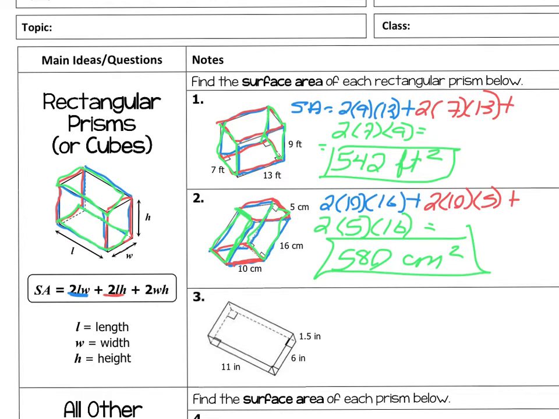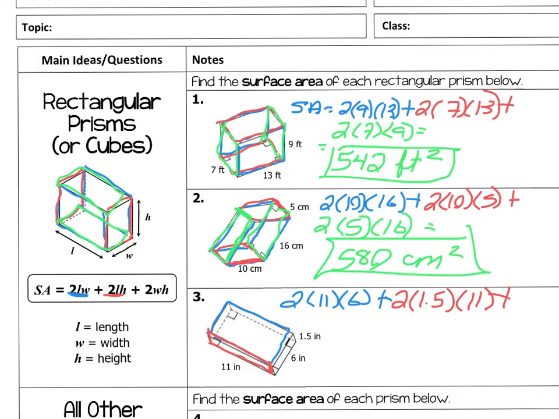Okay, so now we got one more. If we take a look at this top part, it's 11 by 6. So there's two of those. And then the next one, we can do the sides. So if you look, it's 1.5 by 11. So two 1.5s by 11.